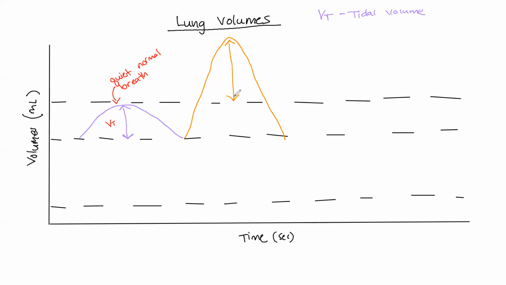Okay, and again, this is going to be a forced inspiration. So if you're breathing quietly and then you try to bring more air in a forced way, really calling on the diaphragm to flatten out, the intercostals to contract and open up the rib cage, that is going to be your inspiratory reserve volume. Okay, so that'll be IRV, the inspiratory reserve volume.